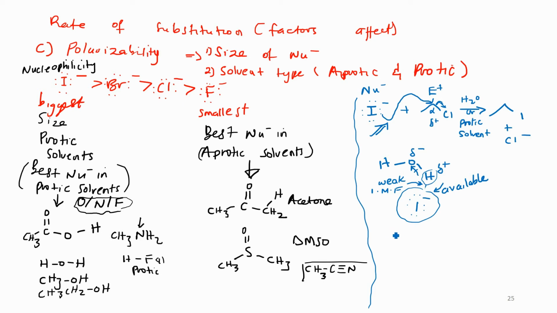Compare that to F minus, the baby-sized F minus. If you do this, again, with the same protic solvent like water or methanol or acetic acid, the reaction will go, but not quite as fast.